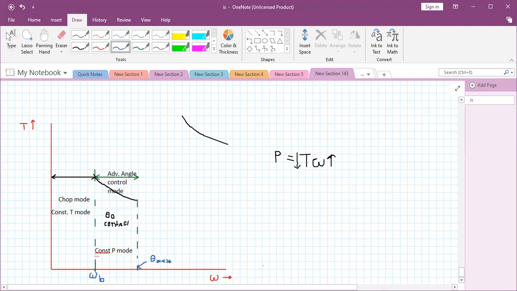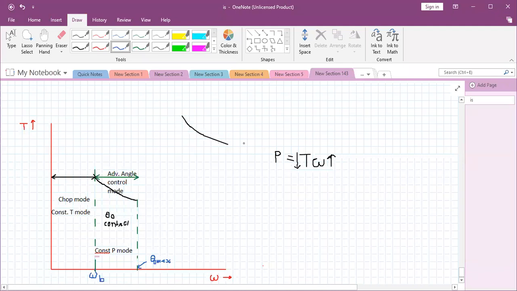So now which strategy do you have to use? After the theta naught maximum, which strategy are we using? Yes, T omega square constant.